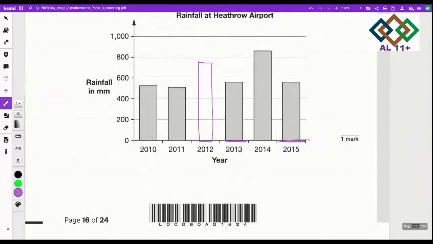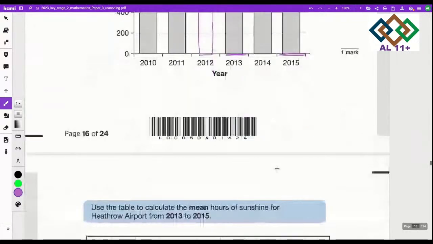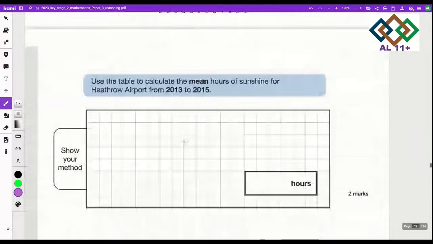What is mean? You all must have done that. You need to add them up and divide by how many numbers there are. They have given you 3, so you're adding all 3 of them up.